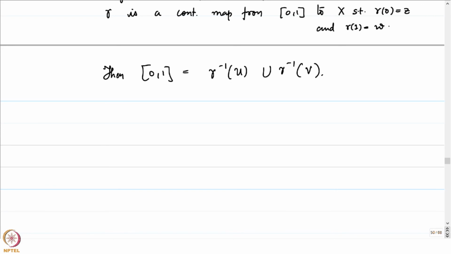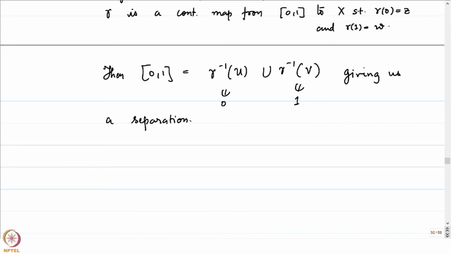And because U and V are open, gamma inverse of U will be open in 0, 1, it's a continuous map. Gamma inverse of V will be open in 0, 1 again, 0 belongs to this, 1 belongs to this, and they will be disjoint because U and V are disjoint to begin with. So this is giving us a separation of 0, 1.